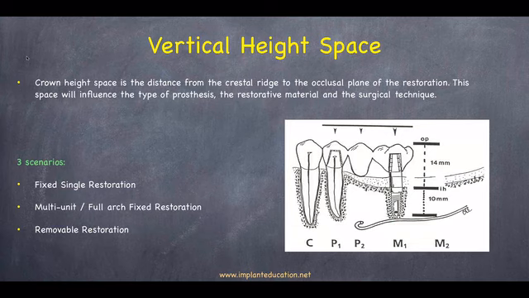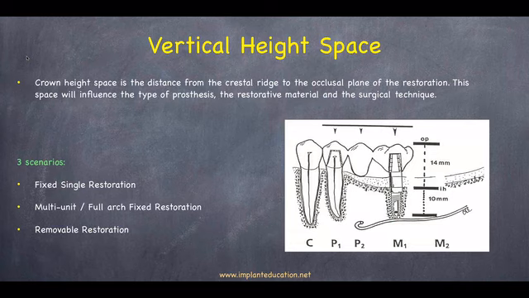So it's very important to have a perfect idea, and the patient also should know the kind of prosthesis he will be ending up with when the implants will be restored down the road, anywhere from 2 months to 6, 7 months, etc.